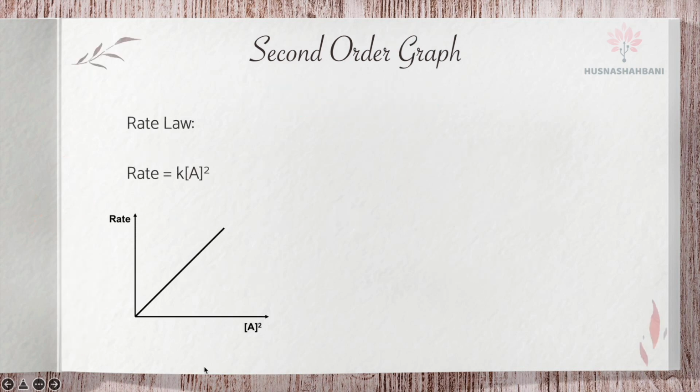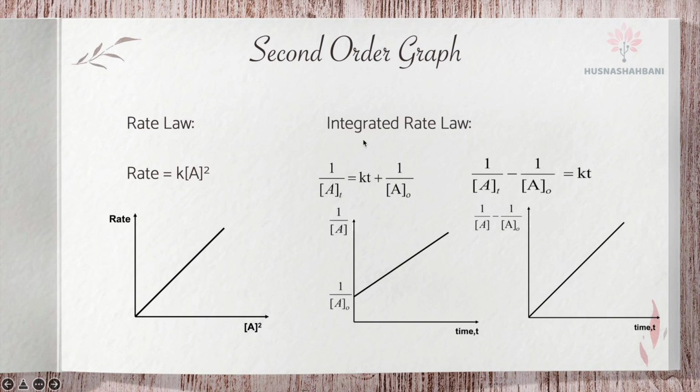This is the second order graph. On the y-axis, we have the rate of reaction. On the x-axis, make sure it's the concentration of reactant A squared. It's directly proportional. For the integrated rate law, 1 over [A]t equals kt plus 1 over [A]0. On the y-axis is 1 over [A], the concentration of reactant A, and on the x-axis is time. And this is a graph for this equation.